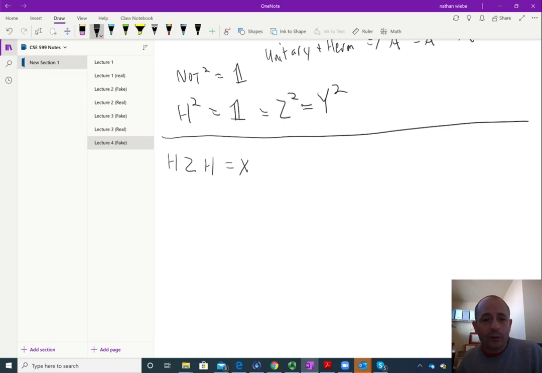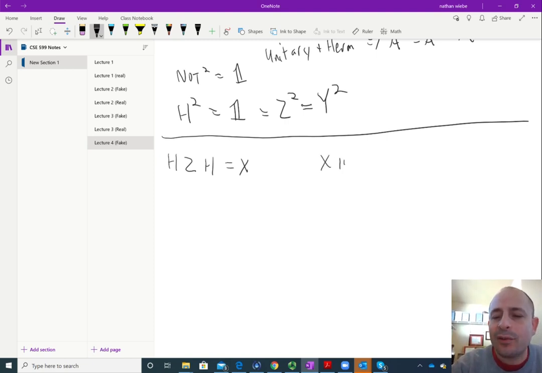A way of looking at this is that Hadamard is the matrix that interconverts the NOT gate and the Pauli Z gate. Or another way of looking at it is that Pauli X ends up flipping a bit from 0 to 1.